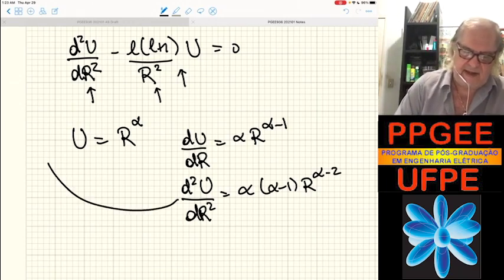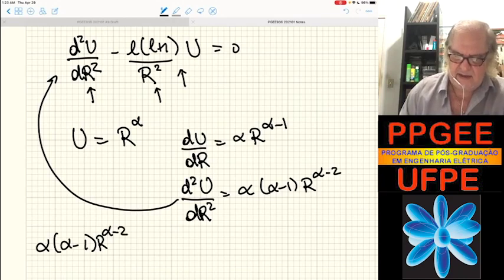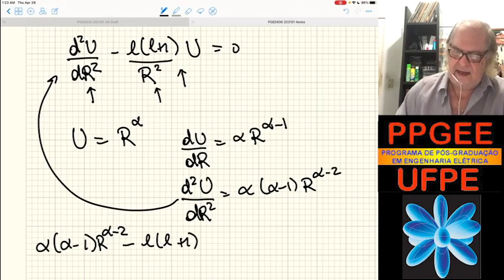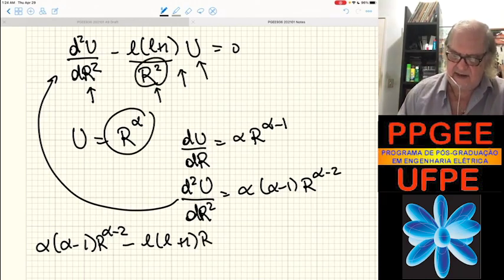So when we plug that back in, we have alpha times alpha minus 1 r to the alpha minus 2, minus l times l plus 1 r raised to the alpha divided by r squared, which is r raised to alpha minus 2, equals 0.